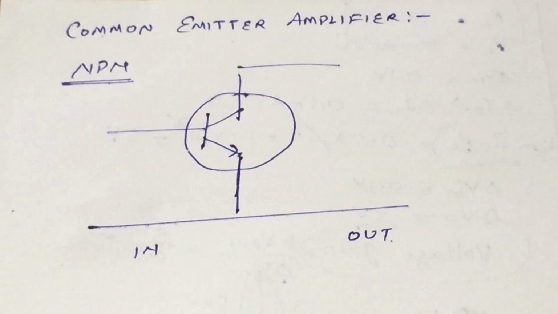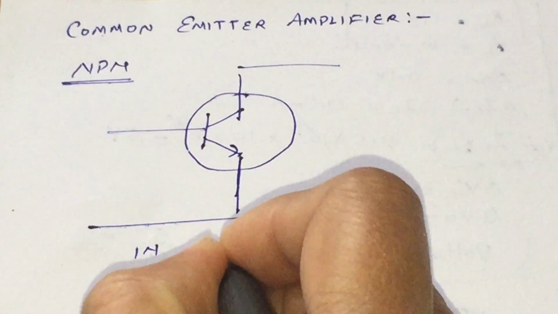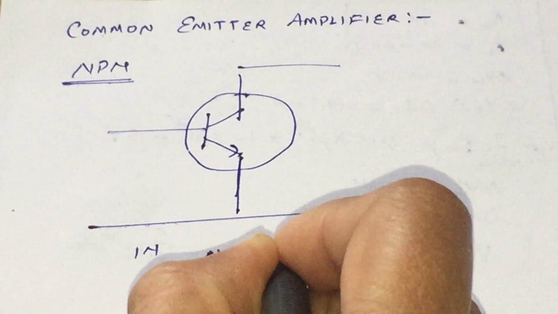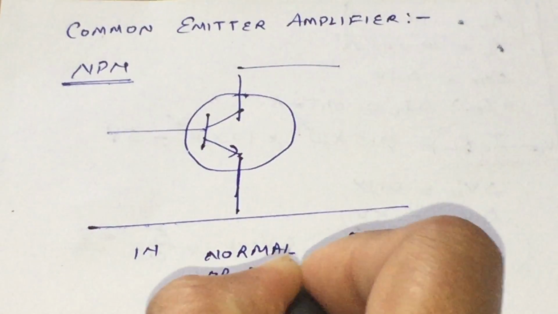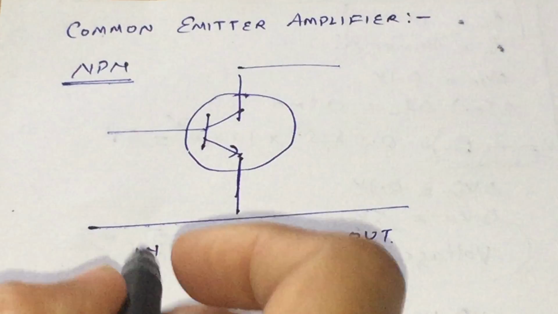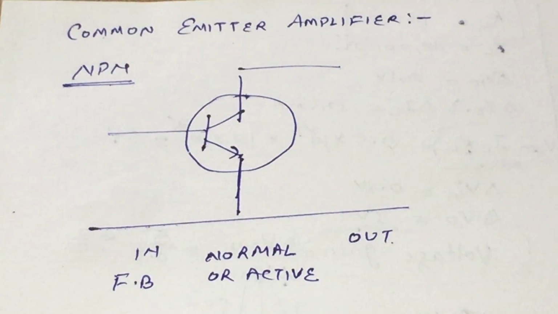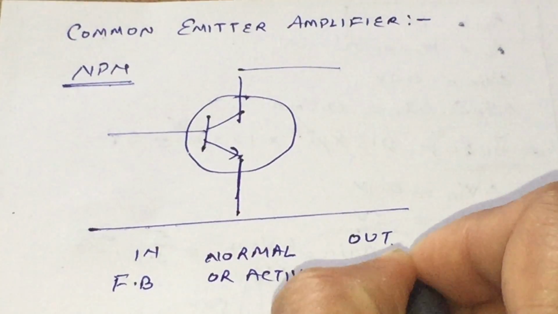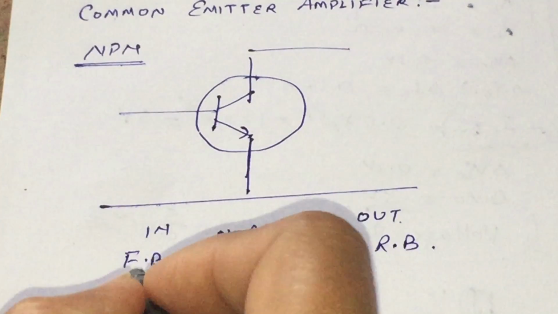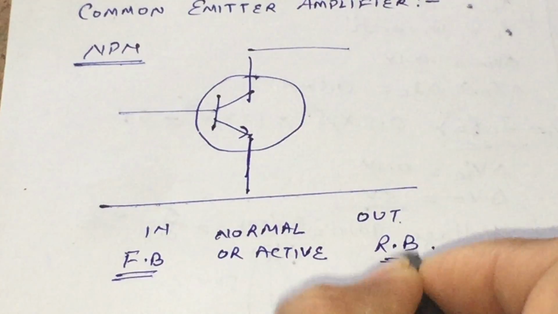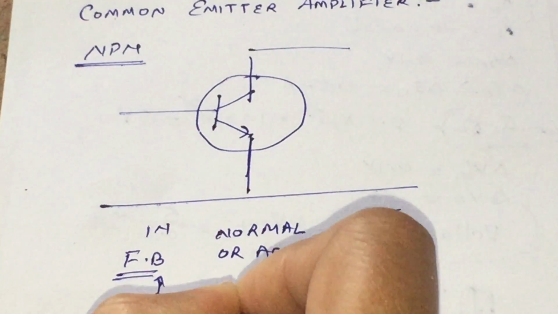And for the proper working of the transistor, we will bias the transistor in normal mode, also known as active mode. In active mode, the input is given forward biasing and the output is given reverse biasing. This forward and reverse biasing of the transistor is given with the help of a DC source.